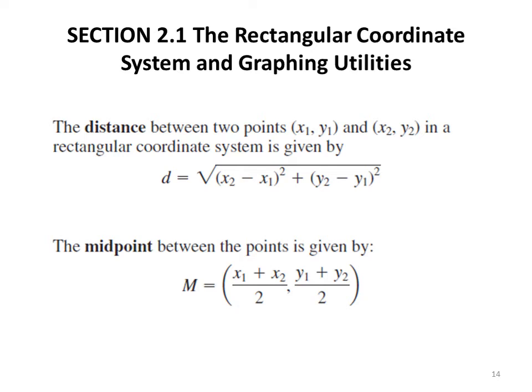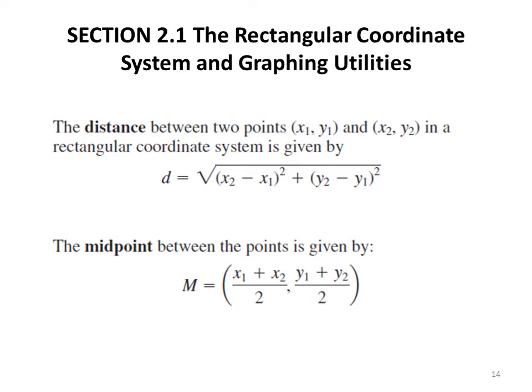You take the square root of that, and that will give you the distance of the 2 points. The formula is based on the Pythagorean theorem. This distance, of course, is always positive, and you can always use this formula to measure the distance between any 2 points on the rectangular coordinate system.